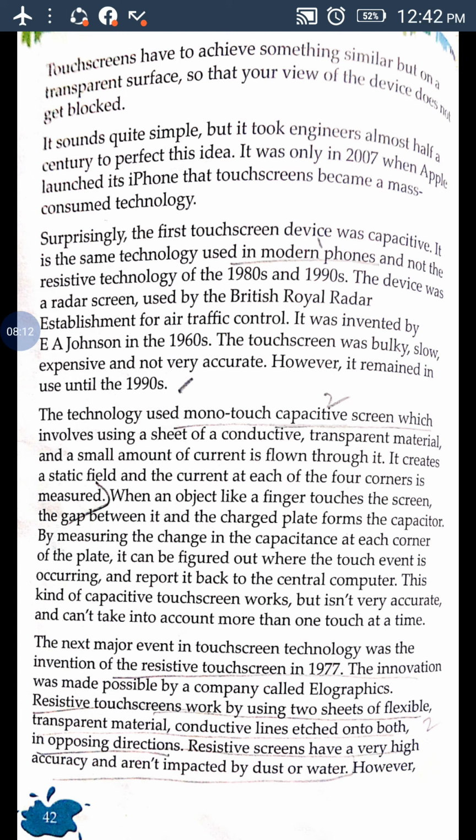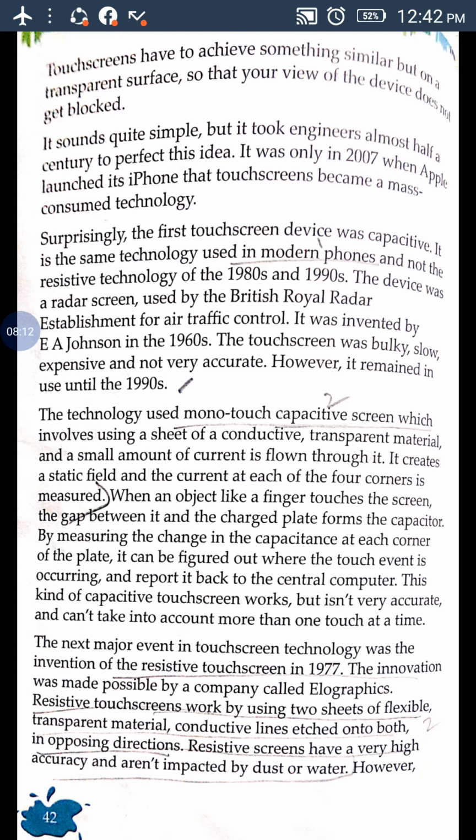This screen did prove to be cheap enough to be useful and was used for various fixed terminal applications. It was less expensive than the 1960s ones, but it could measure only one touch.